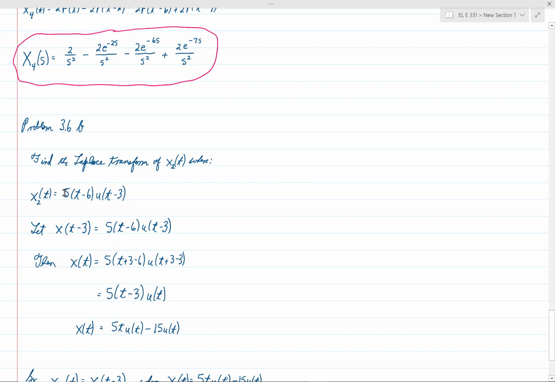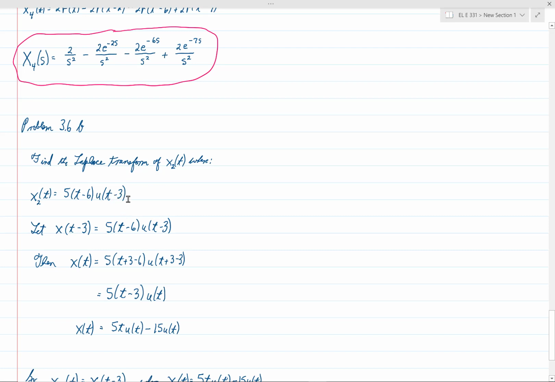I am going to call this function over here on the right-hand side x of t minus 3. Now, how did I choose x of t minus 3? Well, it's because the argument of the u is t minus 3. I'm going to define x of t minus 3 to be equal to this, and then I'm going to shift t by 3 units, so it becomes u of t.